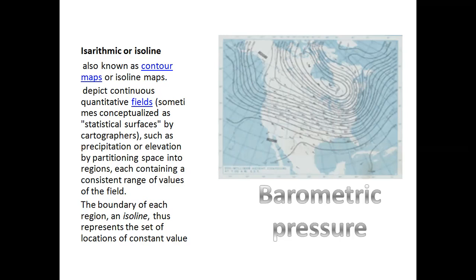These maps depict continuous quantitative fields, sometimes conceptualized as statistical surfaces by cartographers, such as precipitation or elevation, by partitioning space into regions, each containing a consistent range of values of the field. The boundary of each region, an isoline, thus represents the set of locations of a constant value.